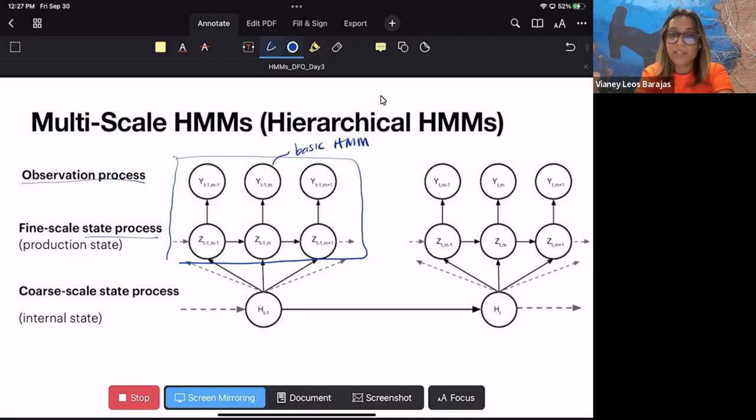In these hierarchical hidden Markov models, what we do now is we extend it so that there's multiple state processes evolving at different temporal resolutions. So we introduce the idea of a production and an internal state when we only have two state processes evolving at different temporal scales.